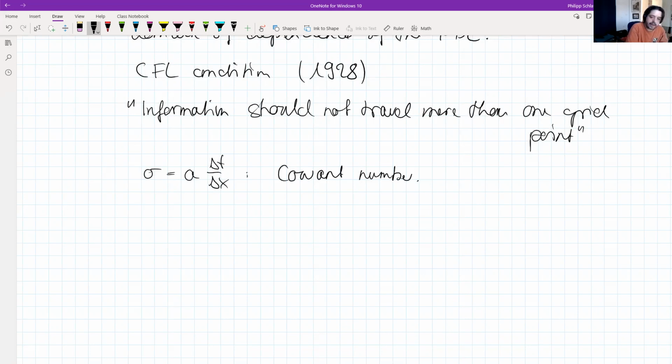Now, I was saying that this is only a necessary condition. It's not a sufficient condition. And we may want to discuss a quick example. Consider the central finite difference scheme.